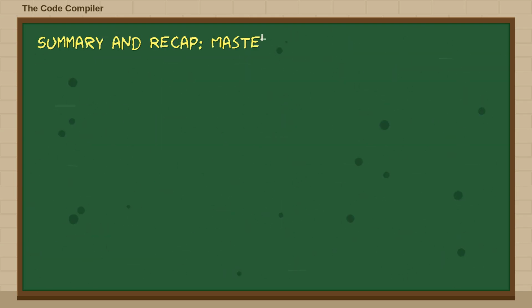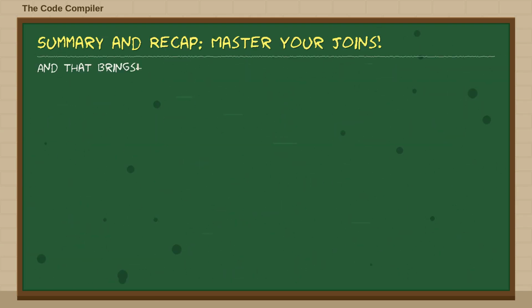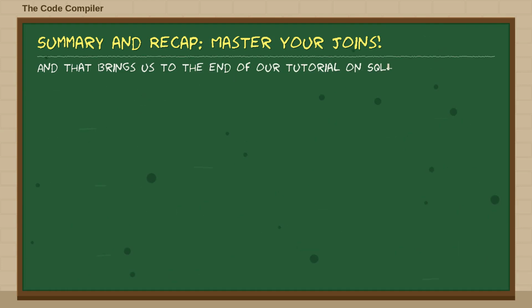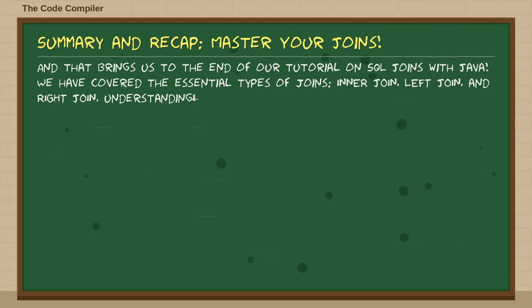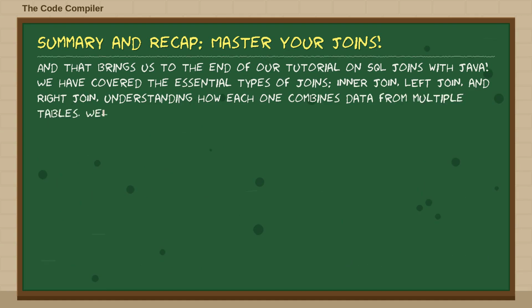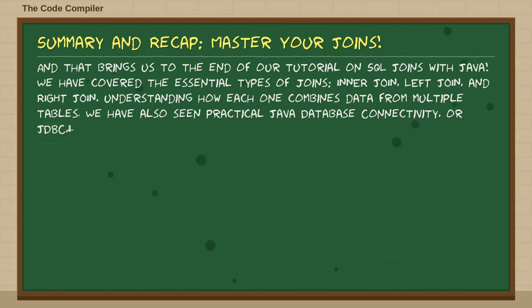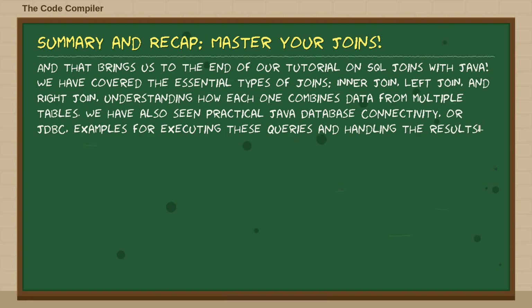And that brings us to the end of our tutorial on SQL joins with Java. We have covered the essential types of joins, inner join, left join, and right join, understanding how each one combines data from multiple tables. We have also seen practical Java database connectivity, or JDBC, examples for executing these queries and handling the results in your Java applications.